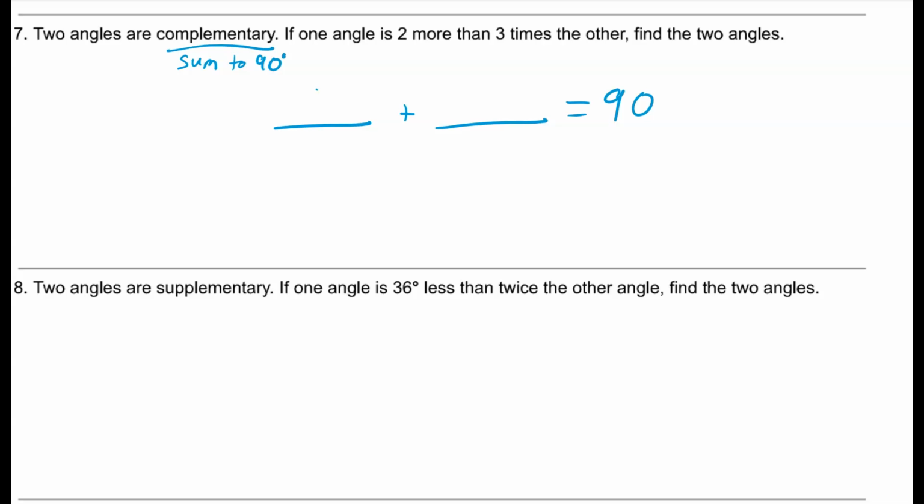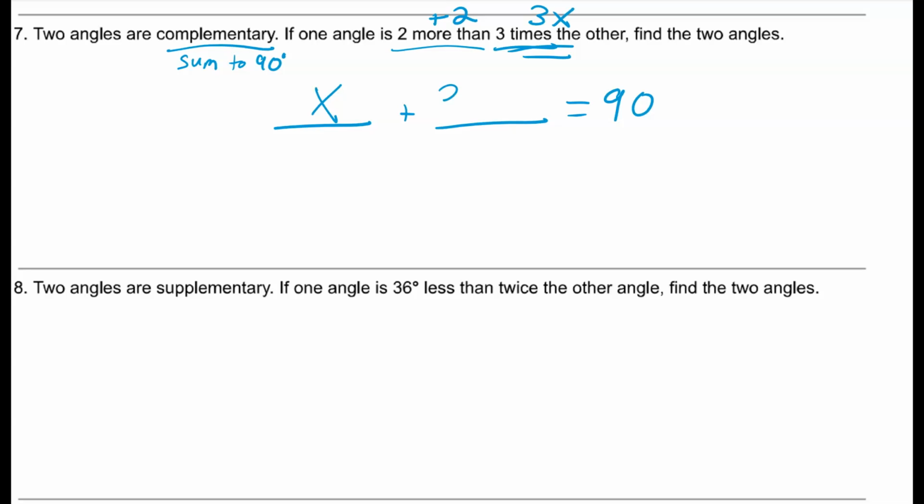Well, I'm going to label x as one of my angles, just because I don't know what it is. And my other angle is 2 more than, so that means plus 2, since more than signifies addition. 3 times is multiplication, and it's 3 multiplied by the other angle, x.